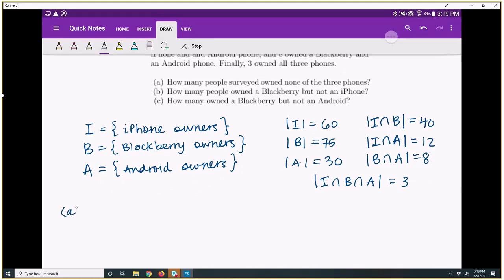The first question that it asks is, how many people surveyed owned none of the 3 phones?